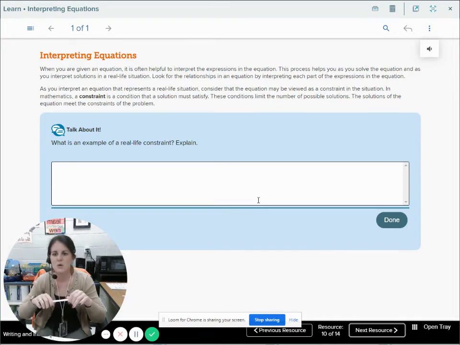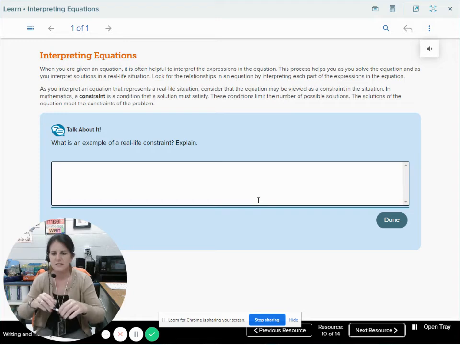As you interpret an equation that represents a real-life situation, consider that the equation may be viewed as a constraint in the situation. What is a constraint, you ask? Well, in mathematics, a constraint is a condition that a solution must satisfy. These conditions limit the number of possible solutions. The solutions of an equation must meet the constraints of the problem.